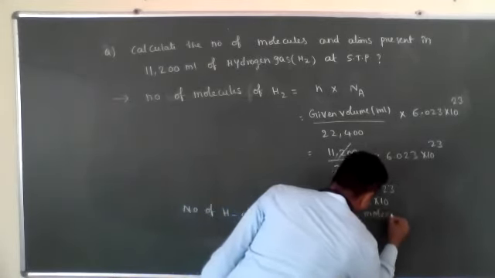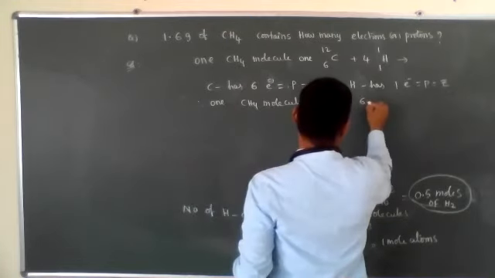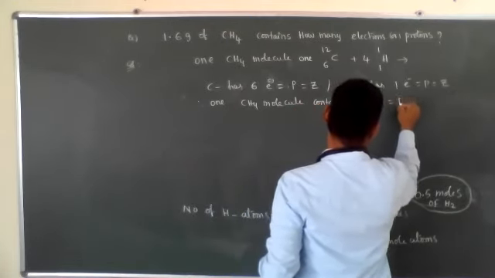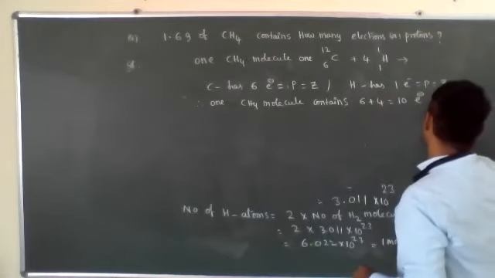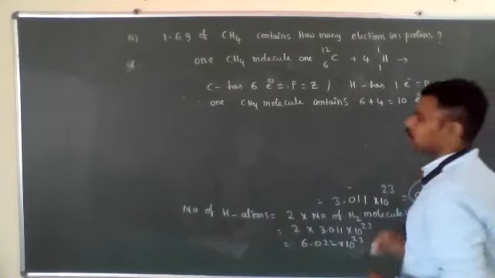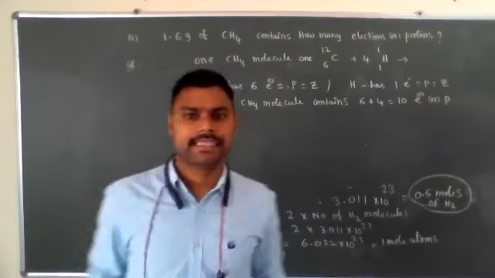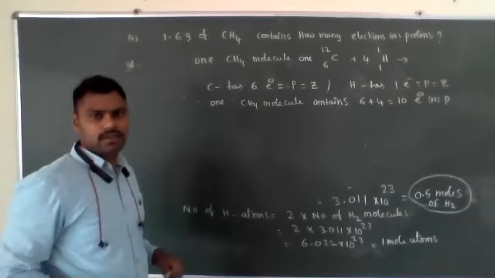So total 4 hydrogen atoms are present, therefore one CH4 molecule contains 6 plus 4, which is 10 electrons or protons. Both are equal.